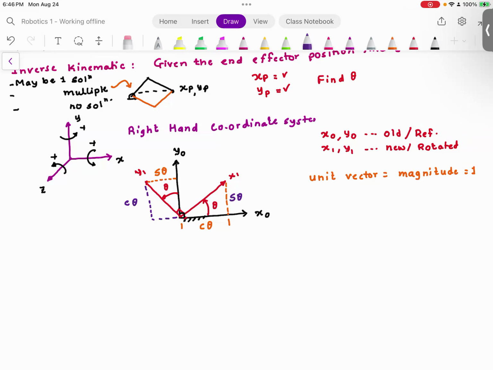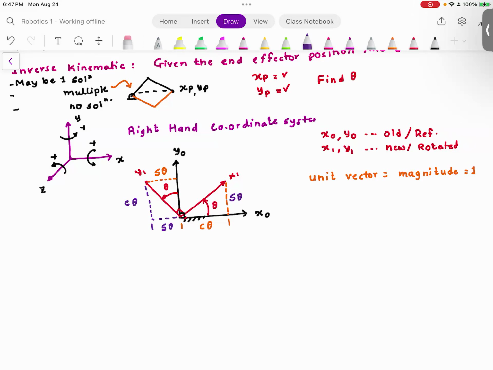Now, what I want to do is find out the relationship between these two coordinate frames. It is not difficult to see that this is cosine theta, this is sine theta. But please understand, the projection of X1 on X0 is cosine theta.